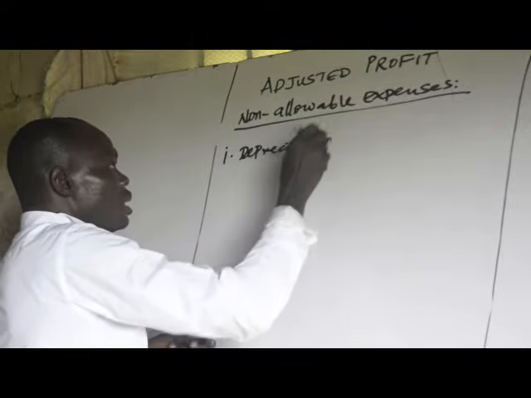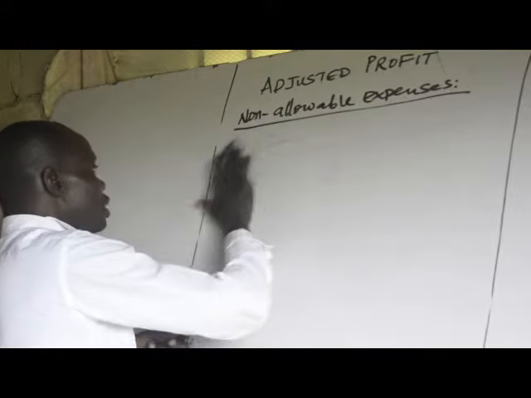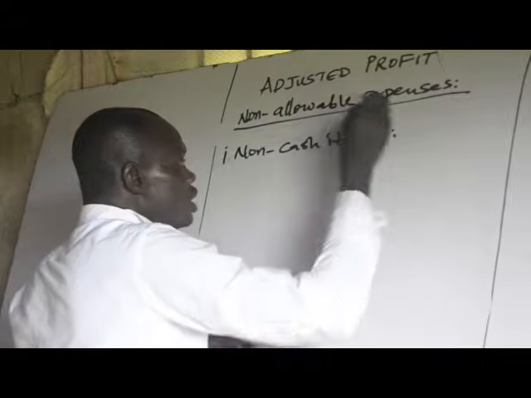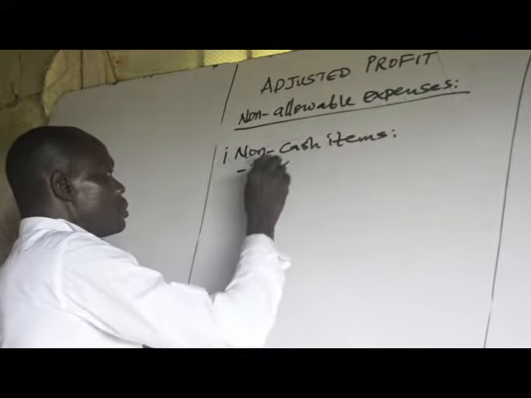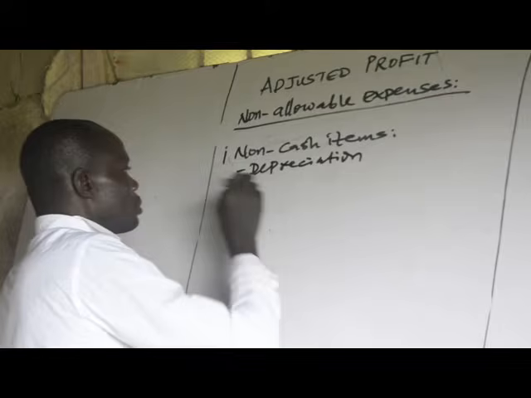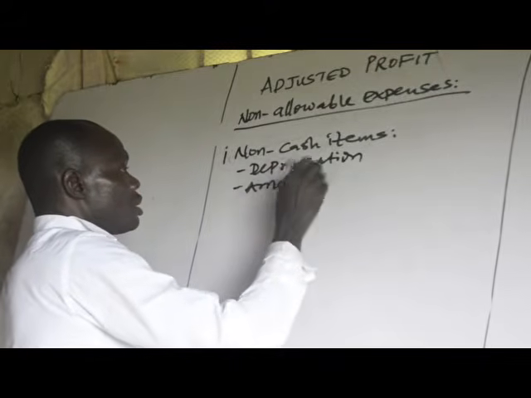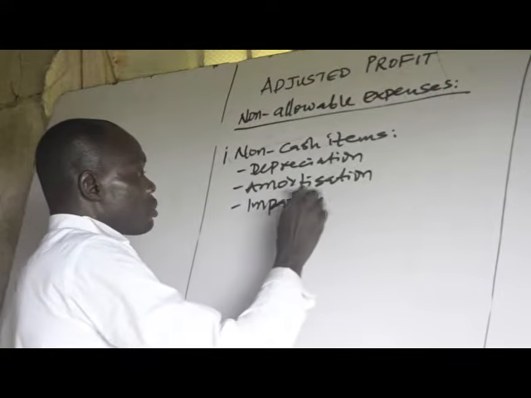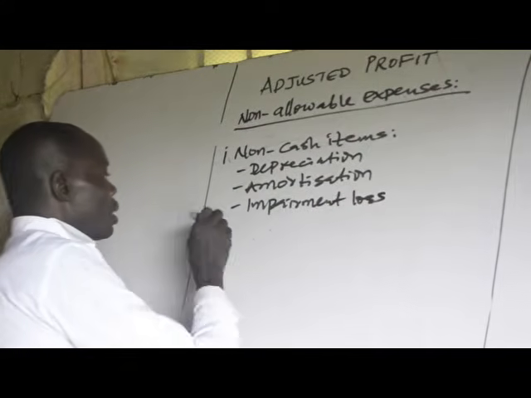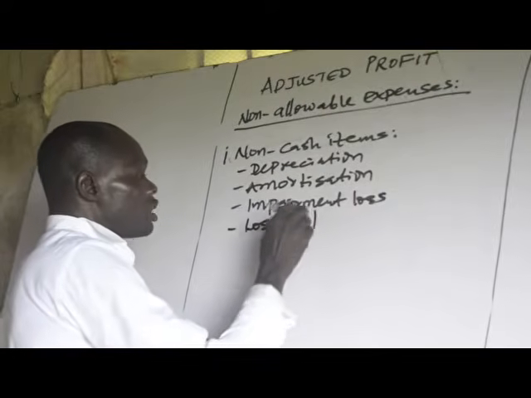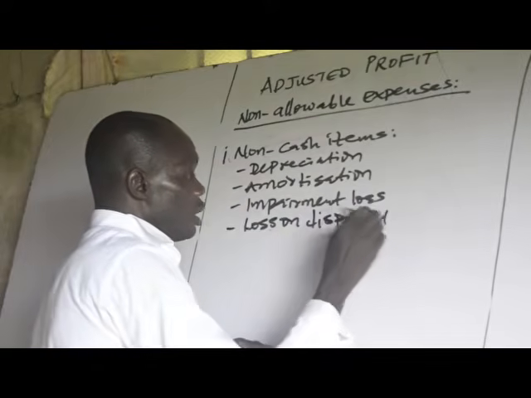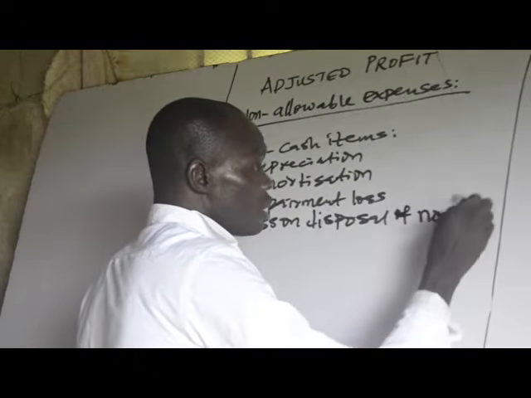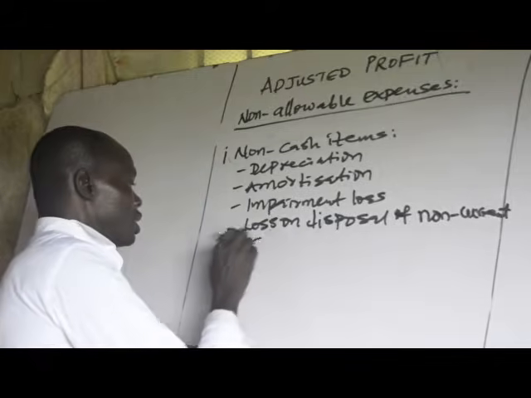Let me say non-cash items such as depreciation, amortization, impairment loss, loss on disposal of an asset or non-current assets.